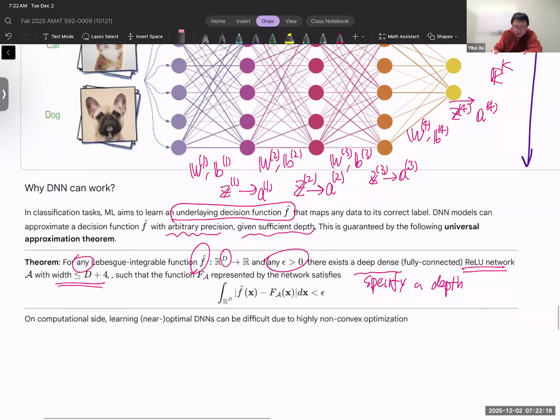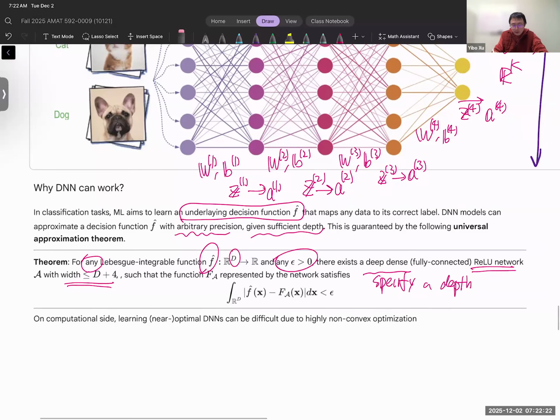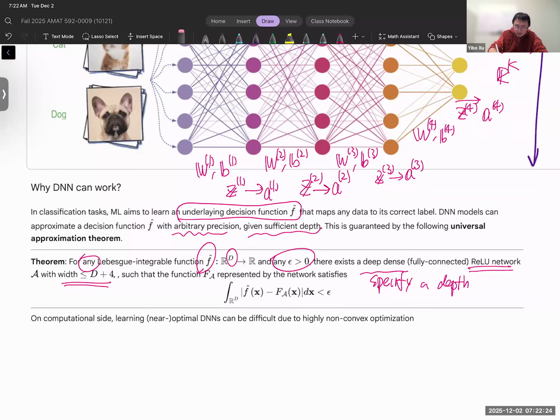But of course, since this f hat function for this kind of prediction task is always a complicated function, training is not easy because the loss in general is non-convex. f hat is not guaranteed to be convex even.